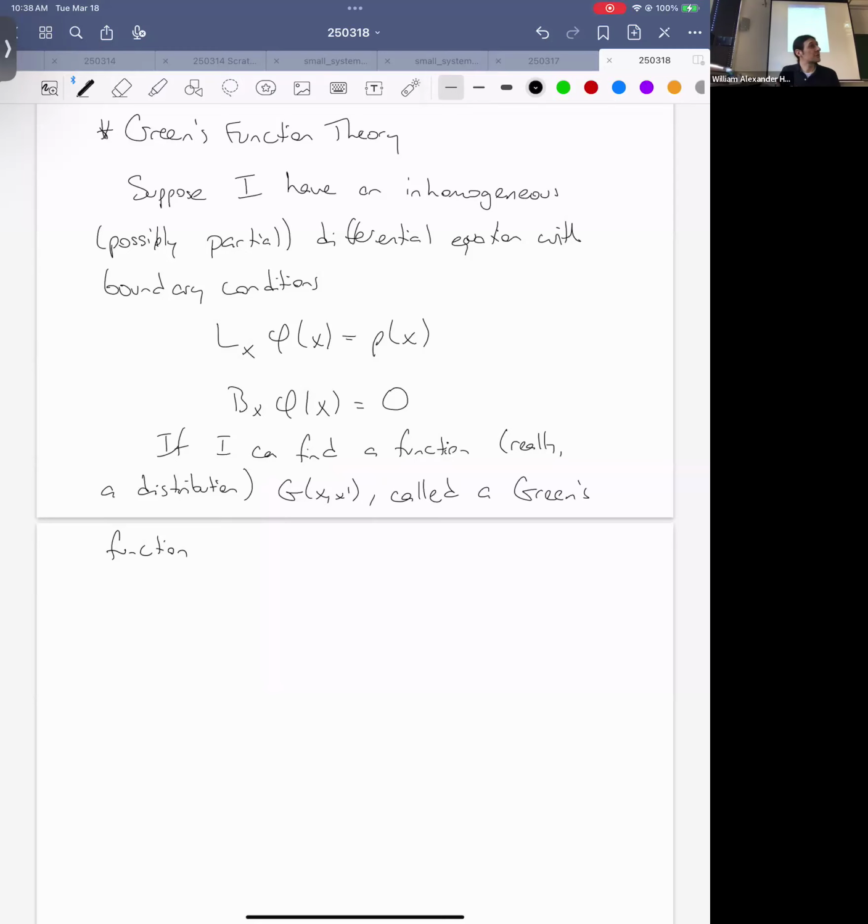Some people call it a Green function, kind of like the Legendre polynomial as opposed to Legendre's polynomials. You know, endless debate. So I'll call it a Green's function.